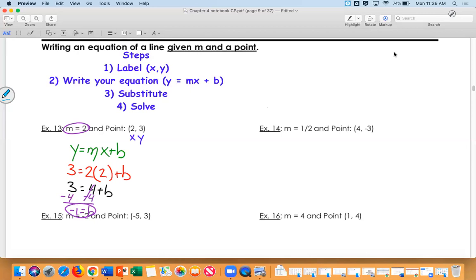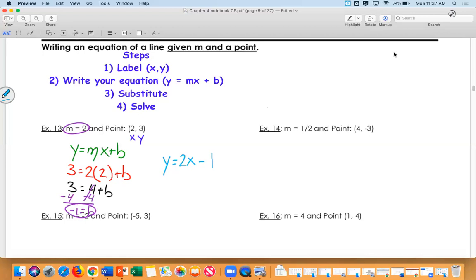So, I am trying to write the equation of a line. I need two things: I need m and I need b. I gave you m, and we had to find b. So now to write the equation of a line, I simply replace m with 2 and b with -1.